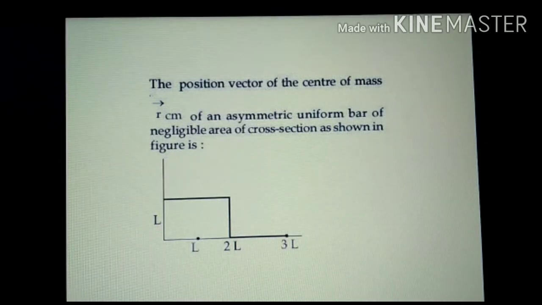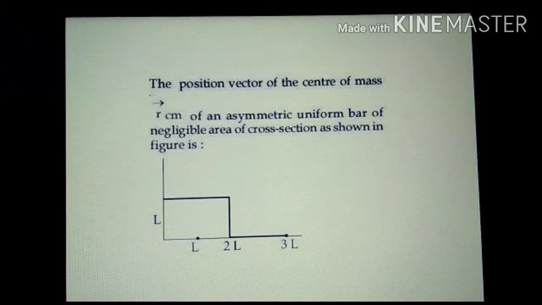Here, one bar is there. It is asymmetric. Asymmetric means it is not straight, or not a particular shape like a circle. You see the figure, x-axis is length, y-axis is also length.